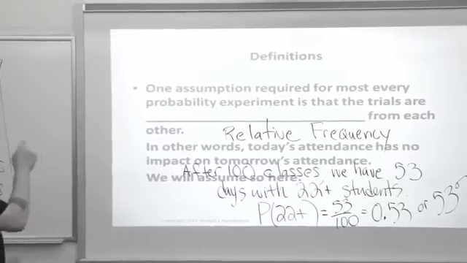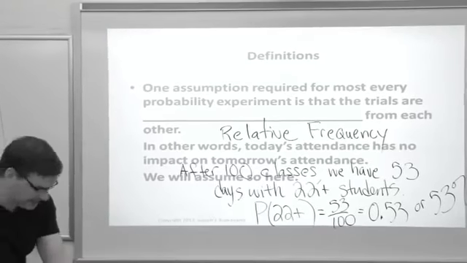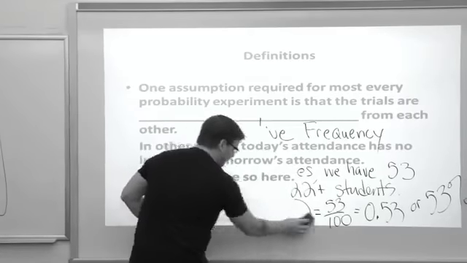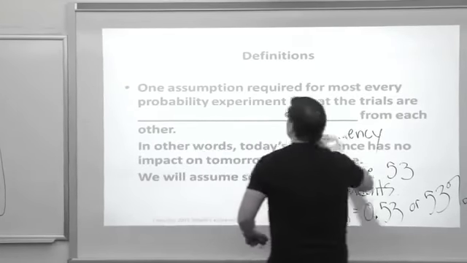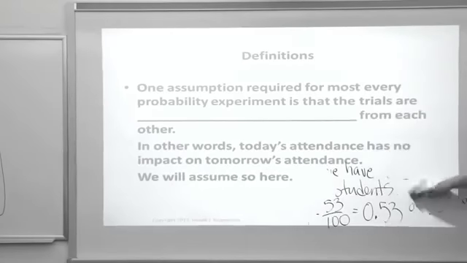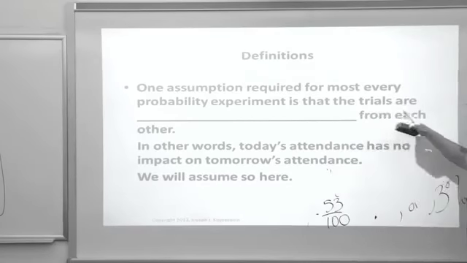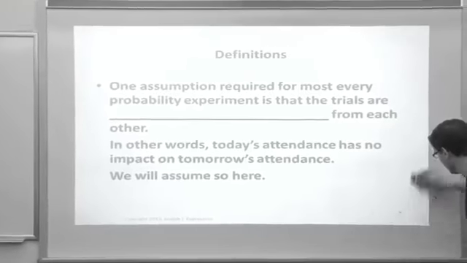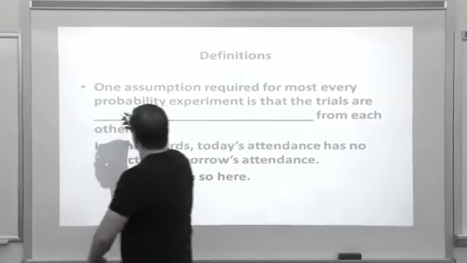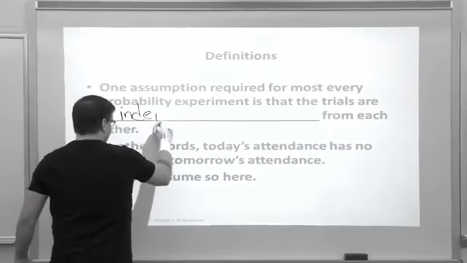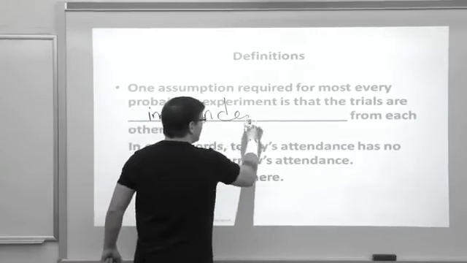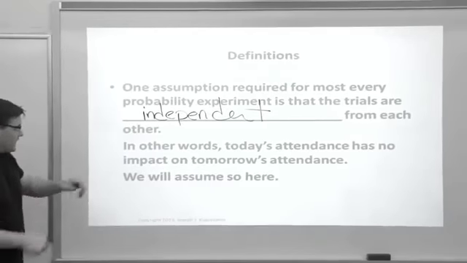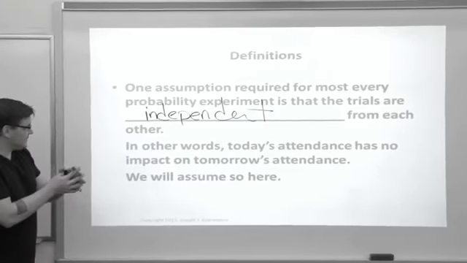Let's see. One assumption required. We're going to get there. Clean this up here. Think about these probability trials. One assumption required for most every probability experiment is that the trials are independent from each other. So here on the next page, independent. And we've seen that word before when we were working with categorical variables and contingency tables.